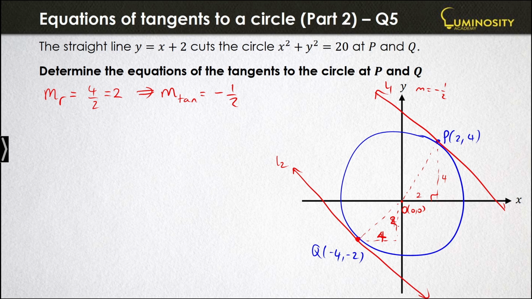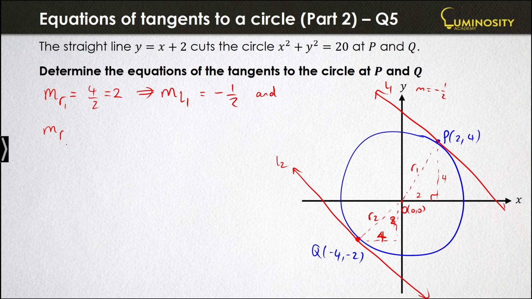Okay, so let's call this line 1. This was negative 1/2, and that's for the gradient of the radius 1. Then I'm going to call this radius 2. So don't trust your drawings just because they look rough and they look like they could be parallel. Trust the algebra too.